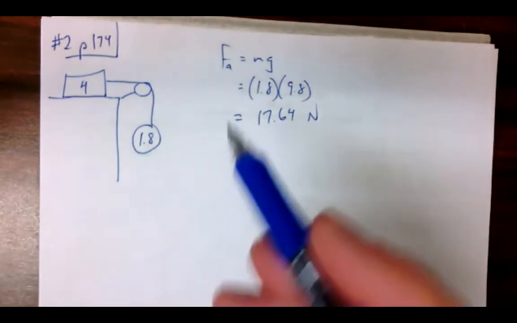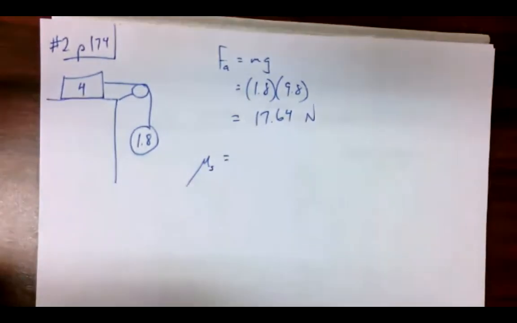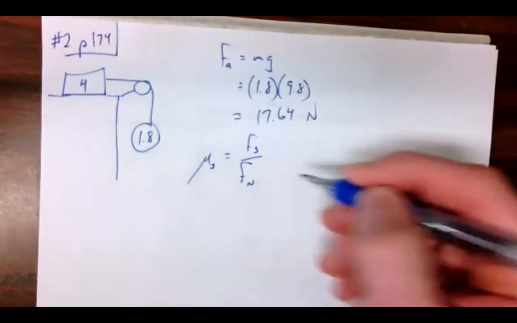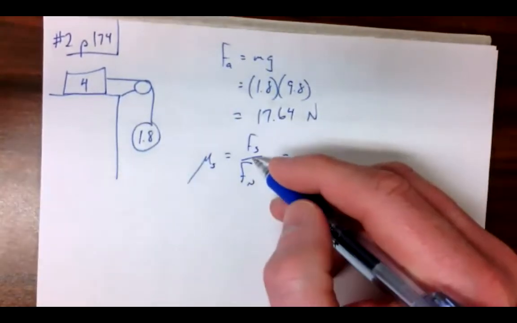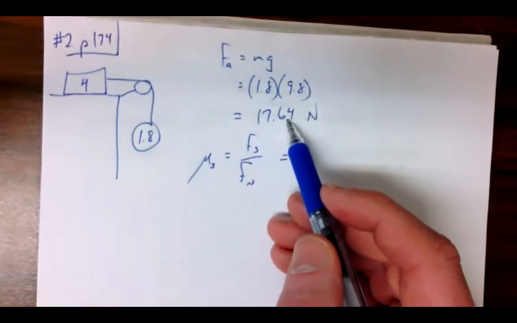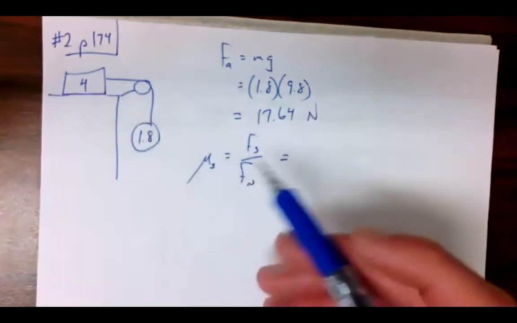Calculate the coefficient of static friction. Okay, so mu S equals Fs over Fn. Fs equals the force of static friction. This is the max right here, like 0.64, literally. If it was 0.65, it should start moving.